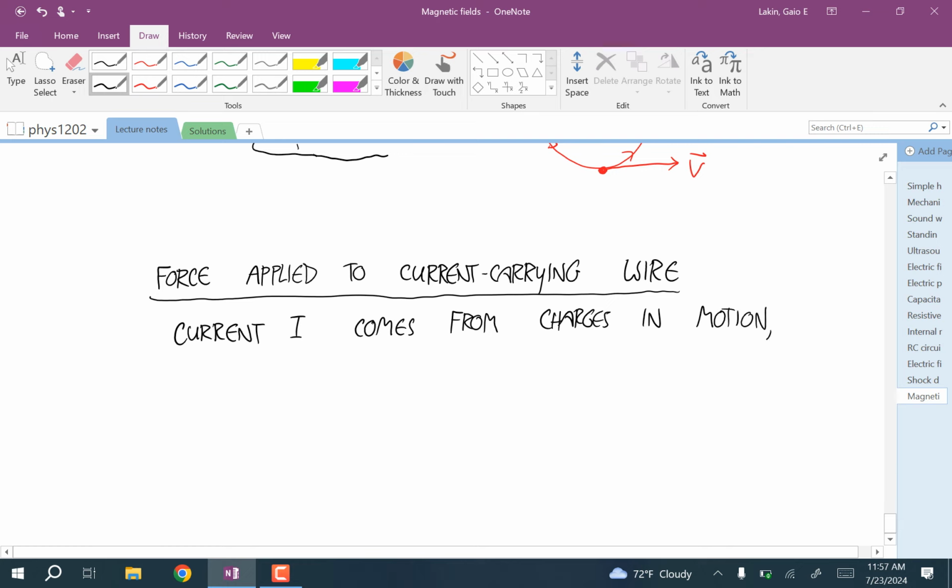So we know that there has to be a force applied to a wire. So the magnetic field vector must apply a force to the wire.